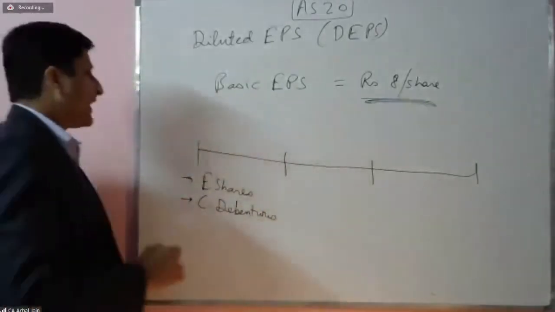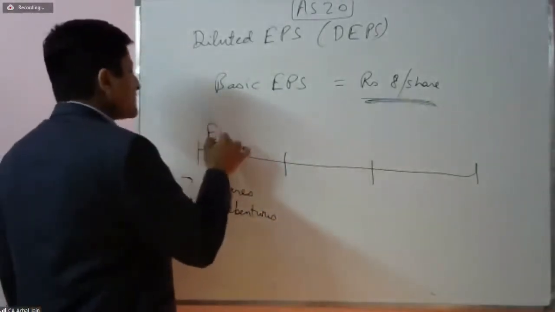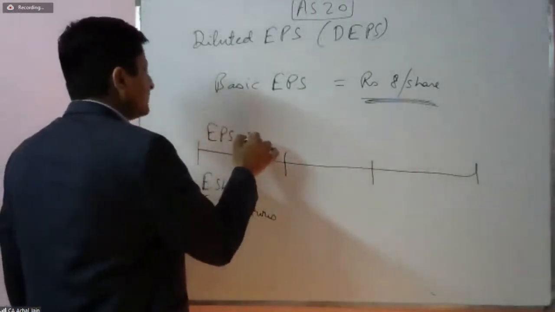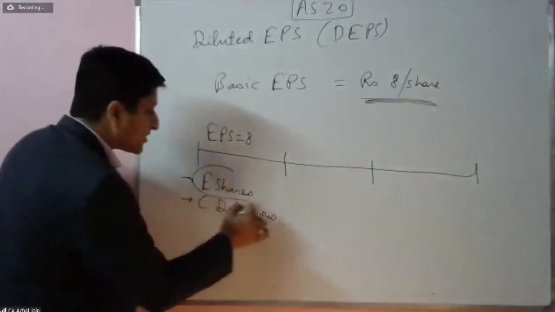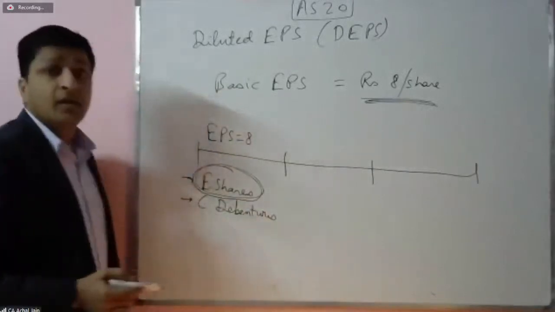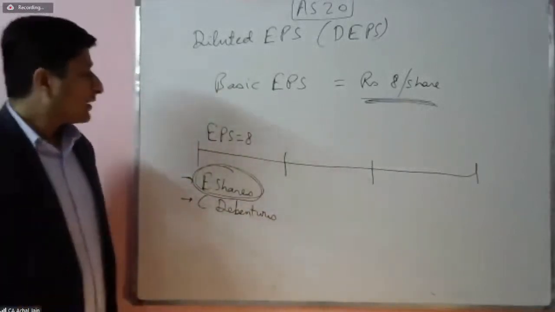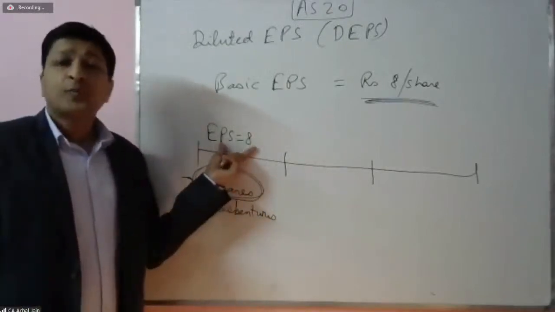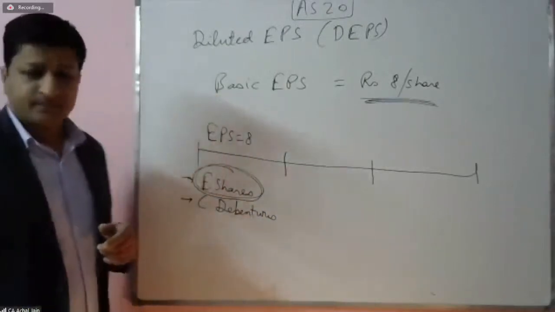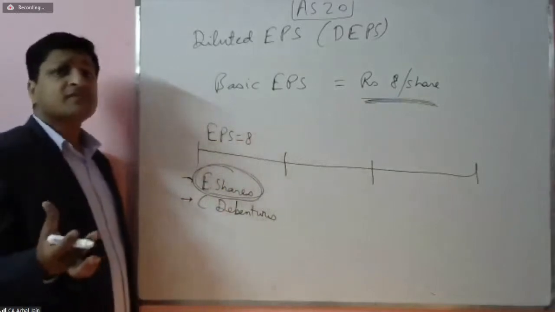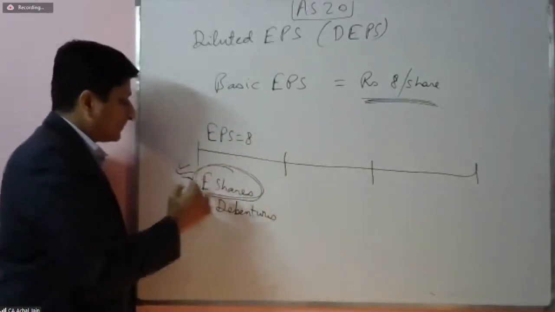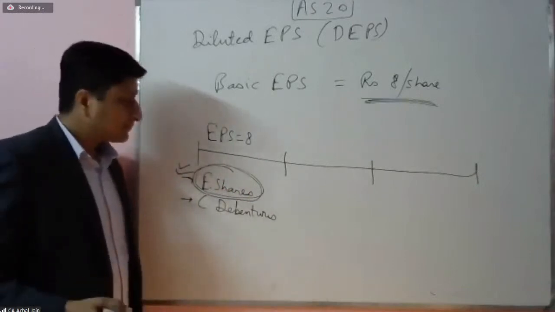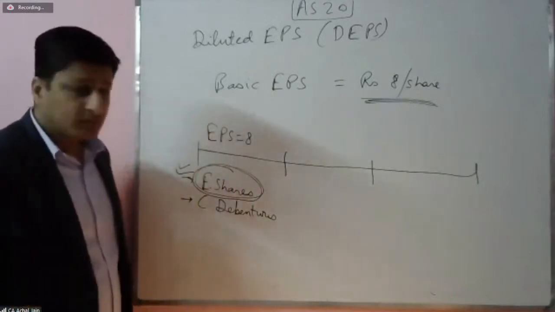And the EPS for this year is ₹8. So that's why these equity shareholders are thinking that they have ₹8 belonging to them. Okay, out of the reserves of the company, ₹8 belongs to them. This is their thought. But is this true?